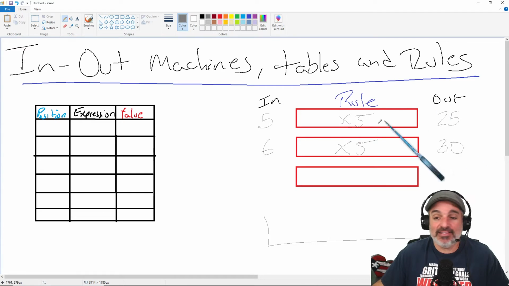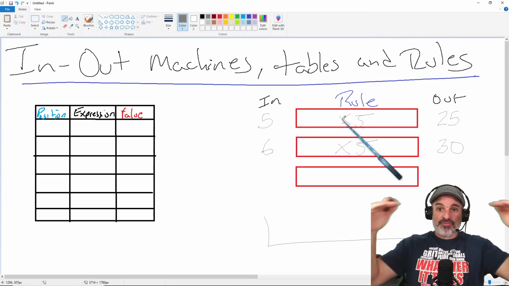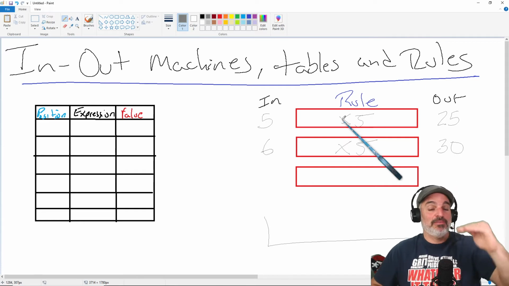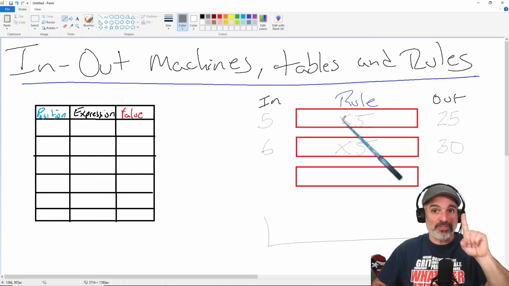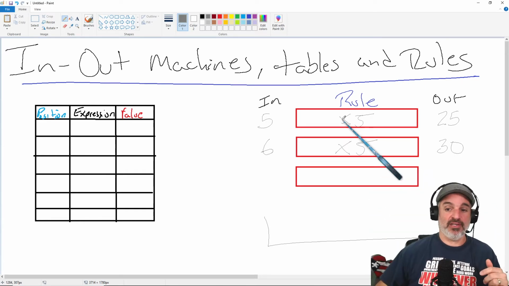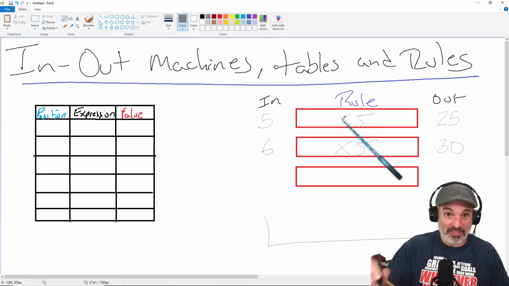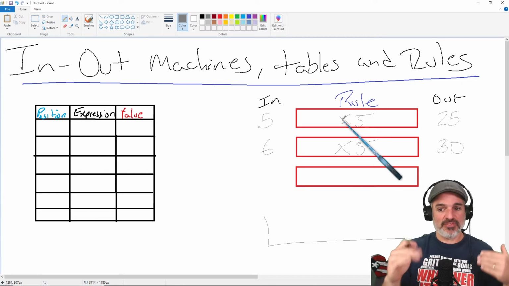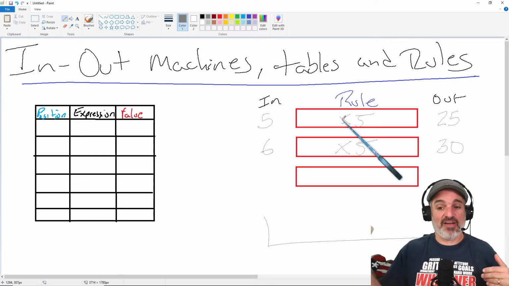If I give you different numbers for a single machine, you cannot tell me that they have different rules. There has to be a rule that controls all of it. And in this case, by the numbers that I'm giving you, the rule is times 5 because 5 times 5 is 25, 6 times 5 is 30.